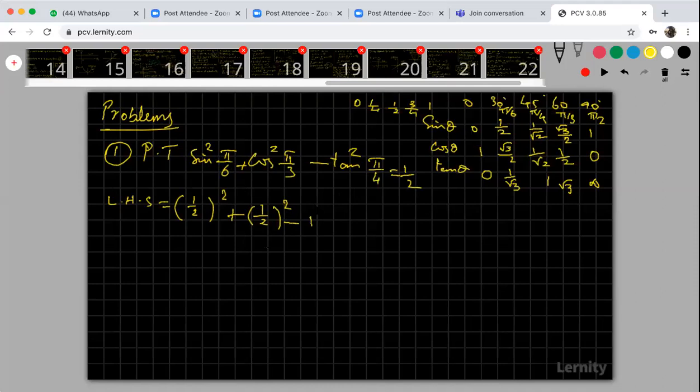What is tan pi by 4? 1, and 1 squared is 1. So this is 1 by 4, this is also 1 by 4, so together 1 by 2, and minus 1. The result is minus 1 by 2. This is your RHS.